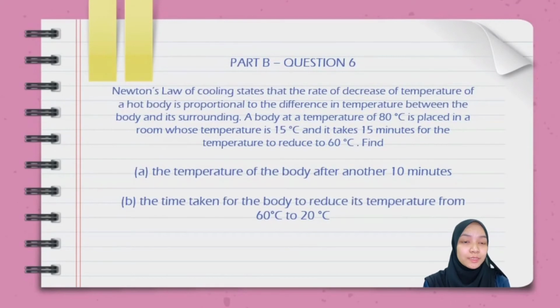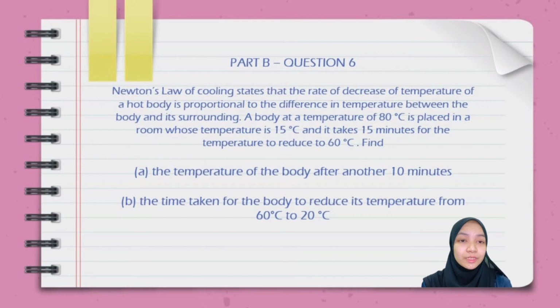For question 6, part B, Newton's law of cooling states that the rate of decrease of temperature of a hot body is proportional to the difference in temperature between the body and its surrounding. A body at a temperature of 80 degrees Celsius is placed in a room whose temperature is 15 degrees Celsius, and it takes 15 minutes for the temperature to reduce to 60 degrees Celsius.